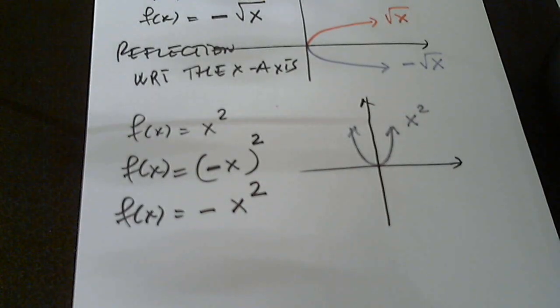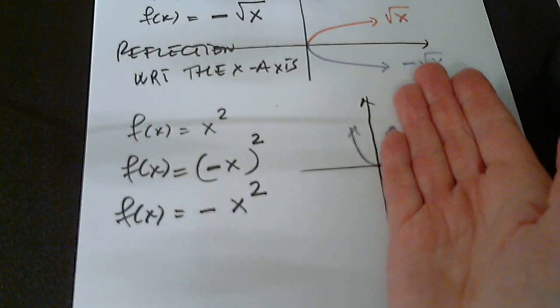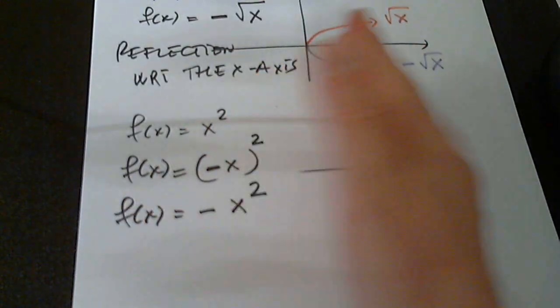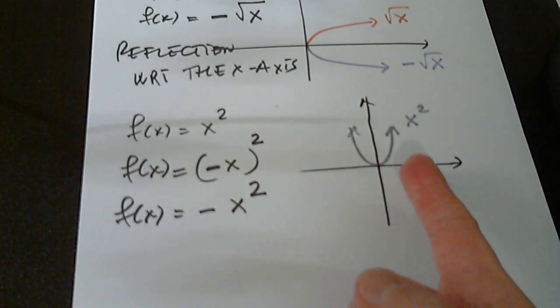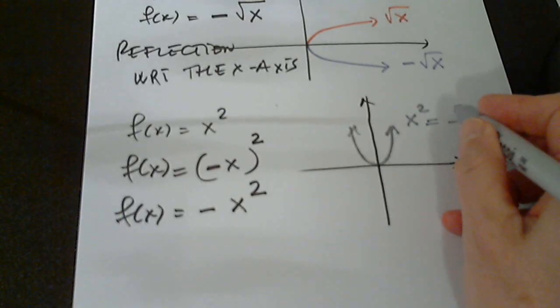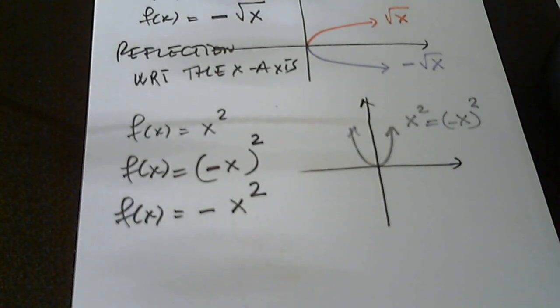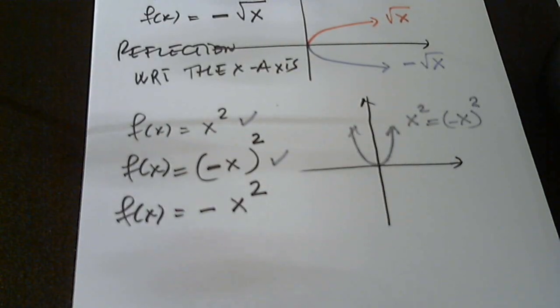But this graph tells me to reflect with respect to the y-axis. But since the function is already even, this is identical with negative x squared. So these two are identical.